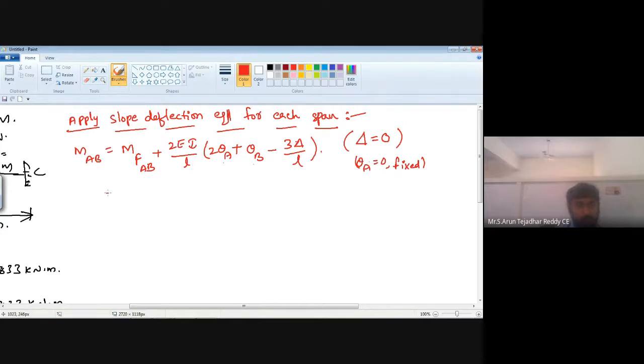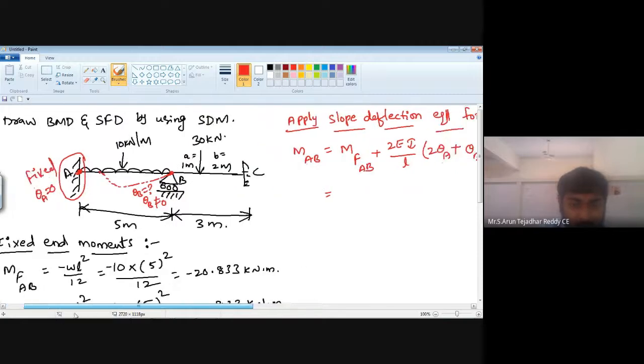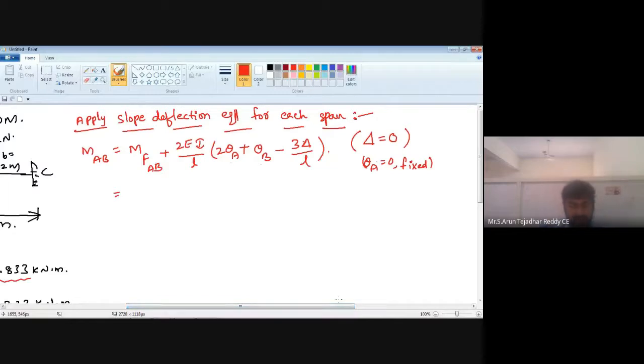Now apply the MFAB value. Already we know that MAB is equal to minus 20.833 plus, in this problem EI value is not given, so keep as usual 2EI by L. What is the value of the AB span?